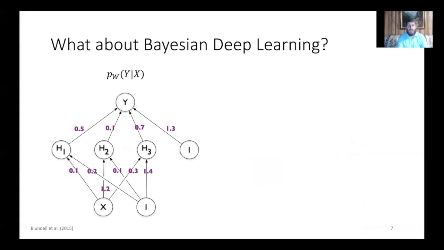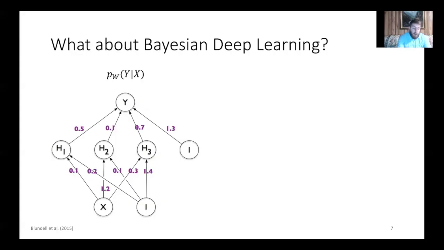Now, the question is, do the Bayesian ideas that we looked at in regression also work for deep neural networks? So we have an illustration of a deep neural network that has a single value for each parameter, and then these parameter values are used to take the input to a probability distribution of predictions.